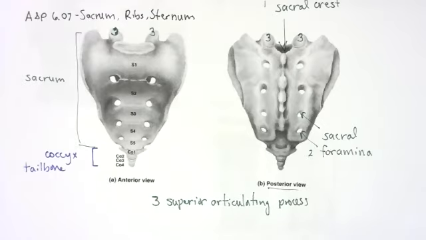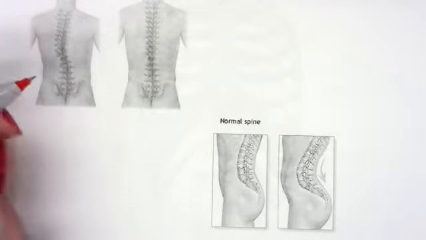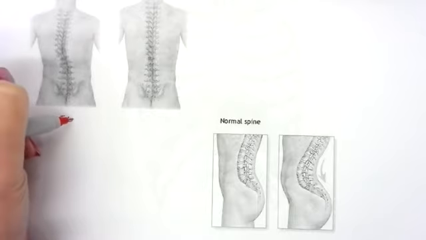So let's look at some of the disorders of the vertebral column. One of the main disorders, especially that you folks see, is scoliosis.